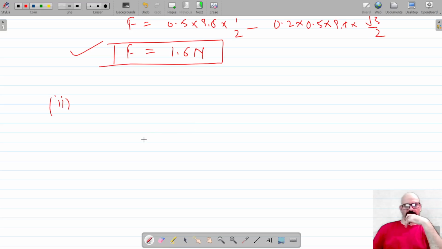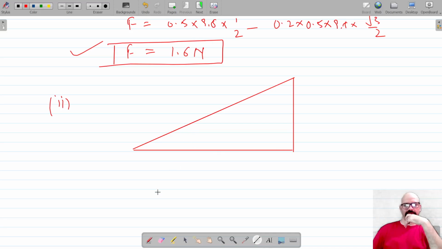Now in this case, we have to move the block up the inclined plane. Let's draw the free body diagram, a rough sketch once again.